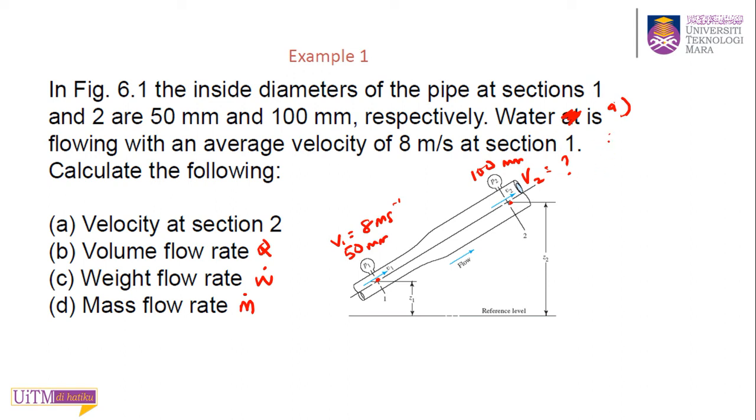A1V1 equals A2V2. Yes, correct. It's the same. A1V1 is equal to A2V2. And your A1 is pi r squared. What is the radius at point 1?